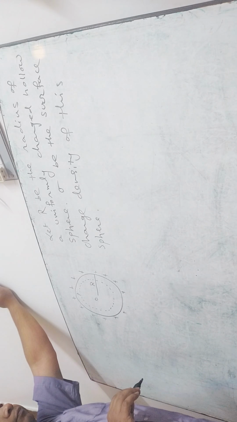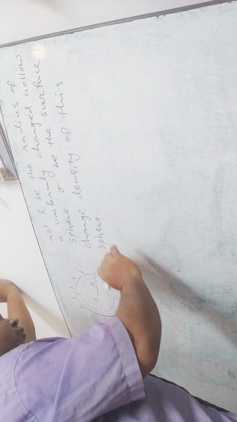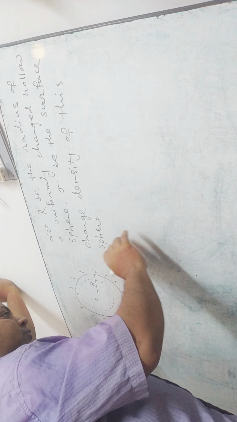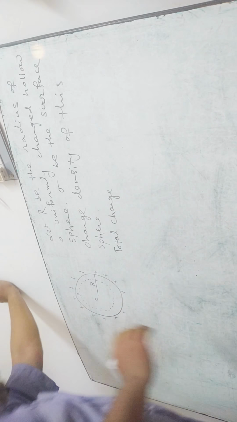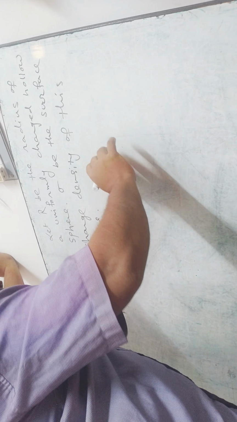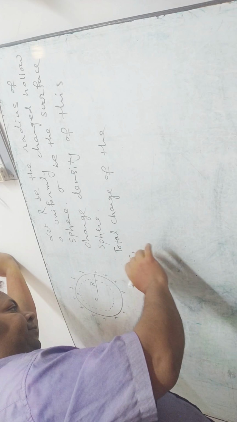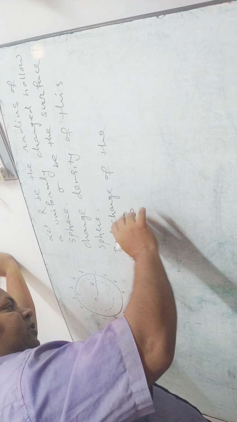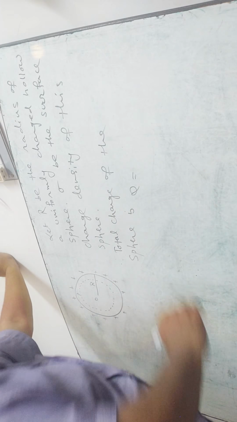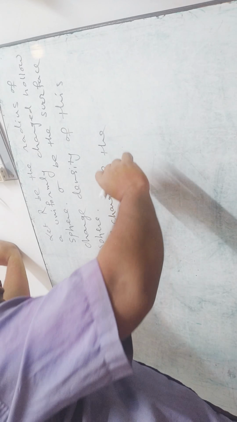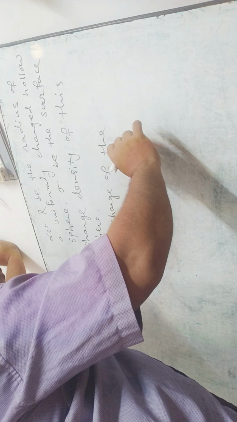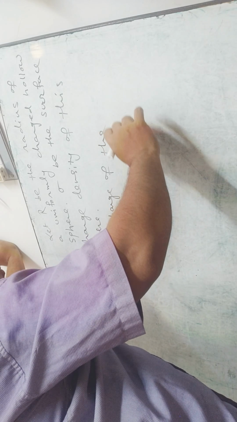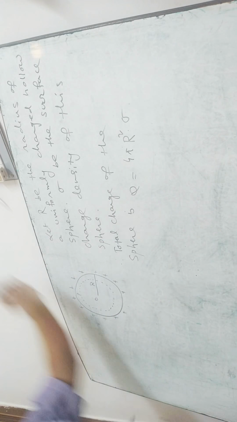So therefore, the total charge of the sphere is capital Q equal to 4 pi capital R square into sigma.